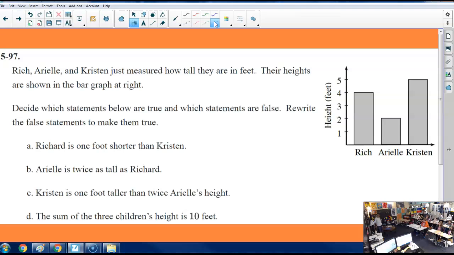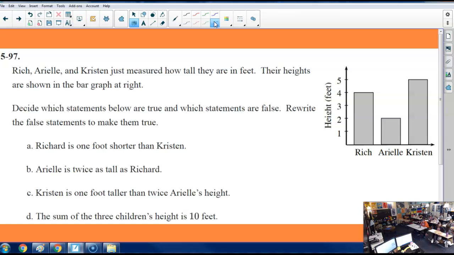In a histogram, the bars are up against each other, and they have equal spaces called bins on the bottom. This is a bar graph because it just has names, and it just has bars showing you the frequency, or how many or how much, how tall, right? All right, so take 3 minutes, decide true or false for each of those. Go.